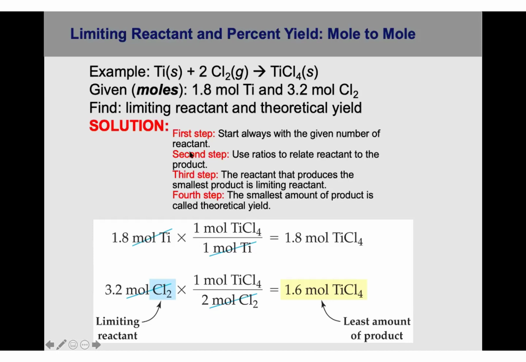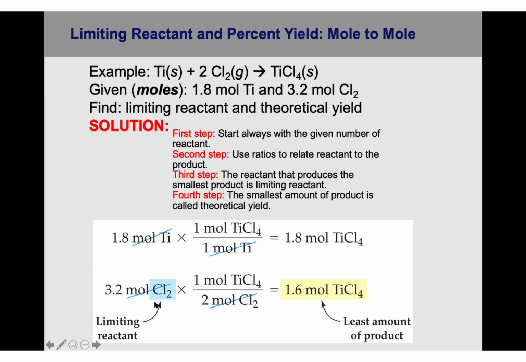1.8 mole of titanium, and relate each reactant to product. So I have 1.8 mole of titanium, and when I relate the chloride to product, I have 1.6 mole of TiCl4.